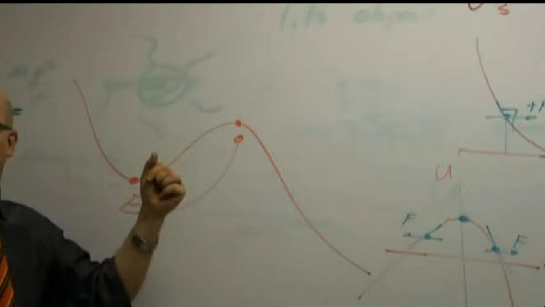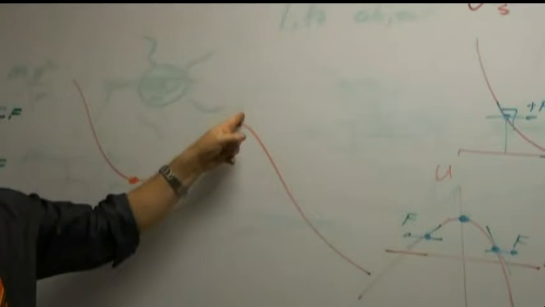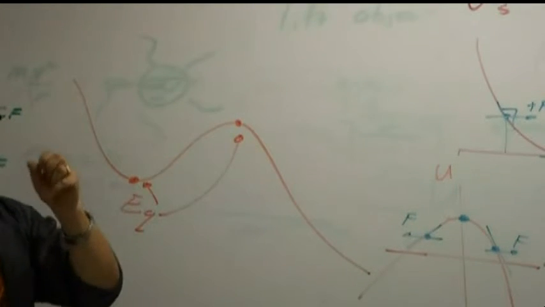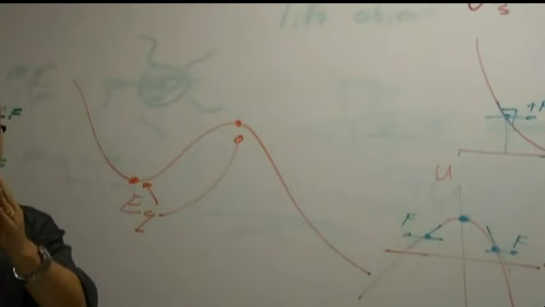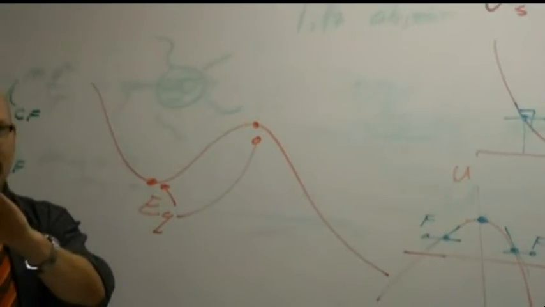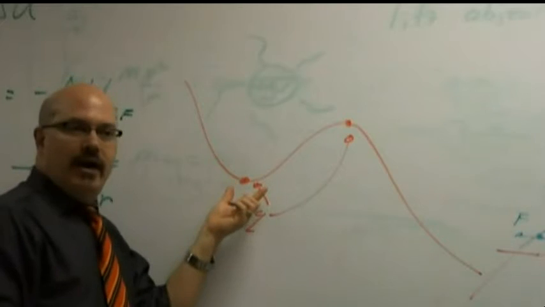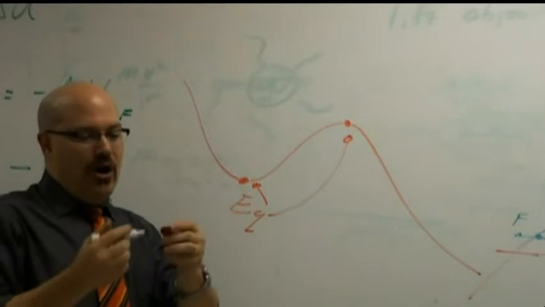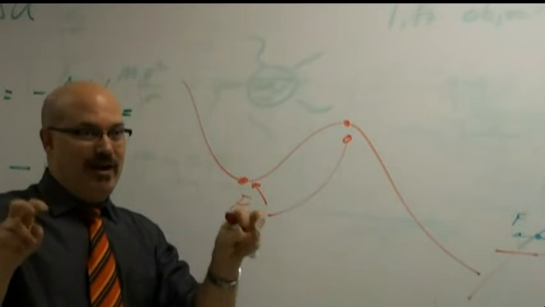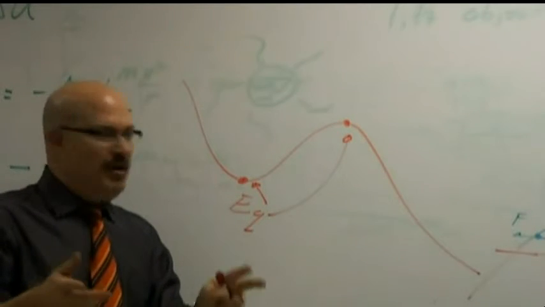Is it possible for the roller coaster car to get right here and stop and stay there? Yeah, it is, but it has to be exactly right there. If it's a little bit one way or the other, it's going to start falling. So in theory it can be there, but will it really be there? It's like this.